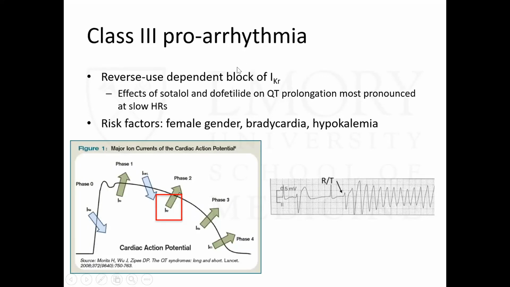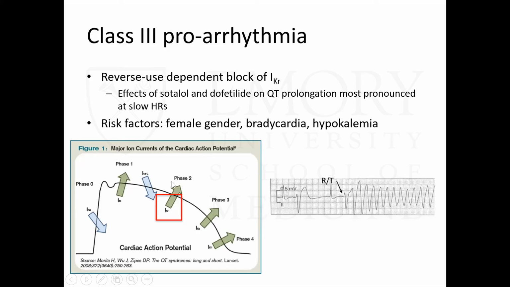So let's talk a little bit about the pro-arrhythmic effects of class 3 antiarrhythmics. And here we're talking mostly about Dofetilide and Sotalol. Dofetilide and Sotalol block potassium channels, and specifically they block a potassium channel called IKr, which is this one right here, which is responsible for repolarization. So if you block this channel, you don't repolarize as quickly and the action potential gets longer.